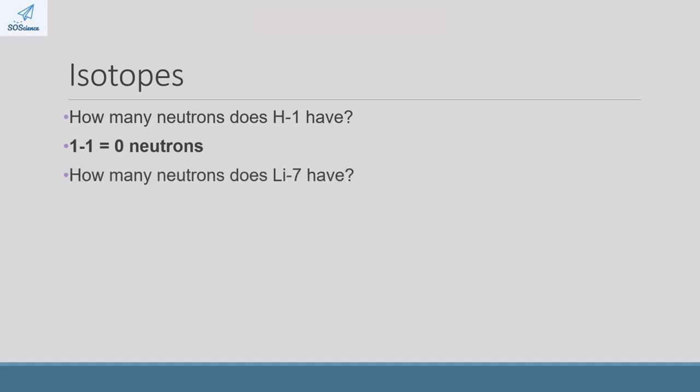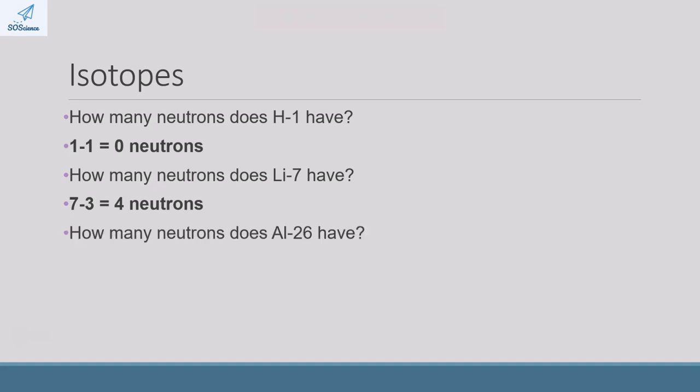How many neutrons does lithium-7 have? Well, if we look at the periodic table, we can see that every lithium atom contains 3 protons. 7 minus 3 will give us the number of neutrons. So a lithium-7 atom has 4 neutrons.